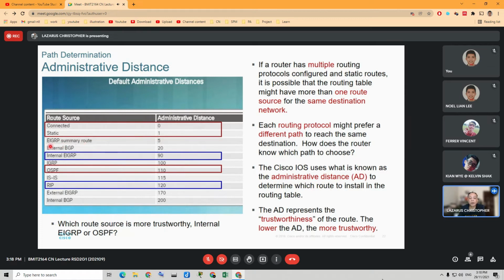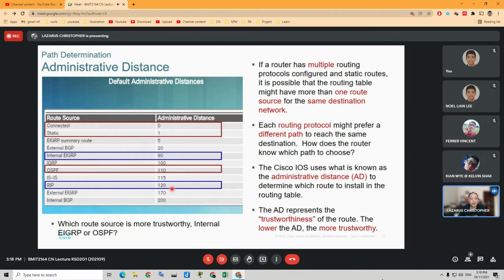So you can see here EIGRP is just above static, meaning we prefer EIGRP. And then internal EIGRP, IGRP, OSPF up here at 110, and then we have ISIS. These are all other protocols, but we have considered RIP or OSPF so far, right?